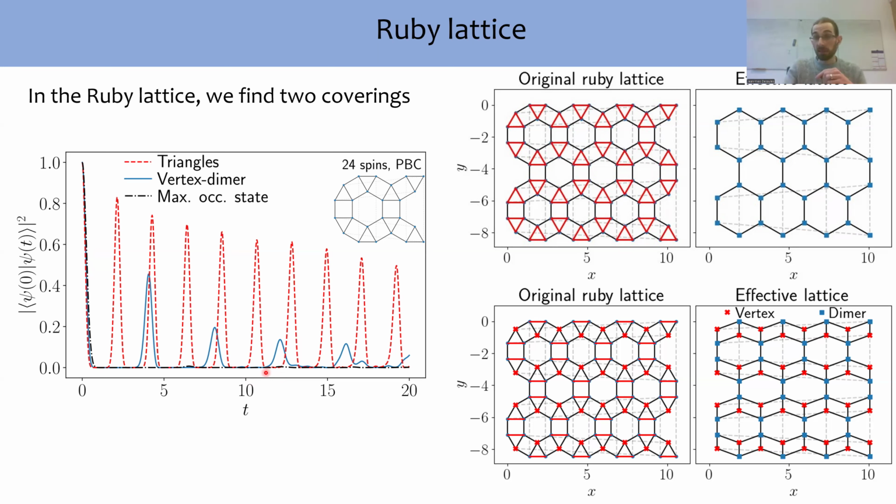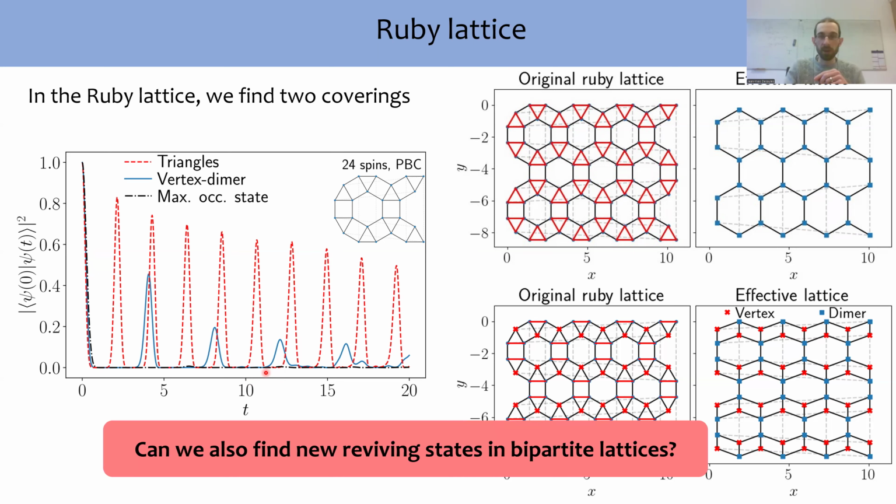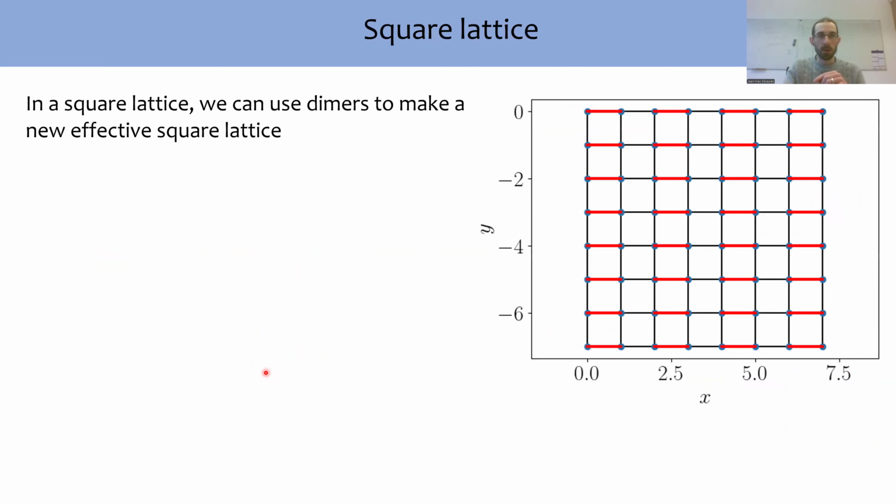And we can ask if, as in 1D PXP, we can also find more scarred states in bipartite lattices, and if any of them could be interesting. And well, if we look at bipartite lattices, there's the simple example of the square lattice, which is the simplest generalization from 1D. And then, well, we can just do dimer coverings as before.